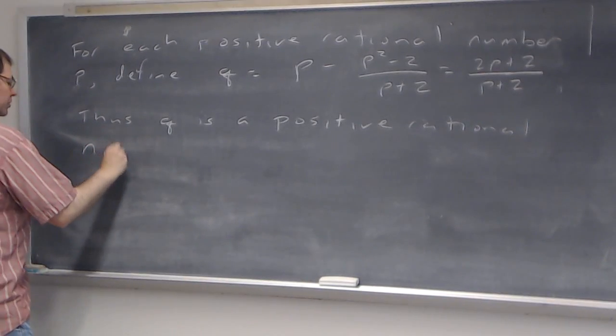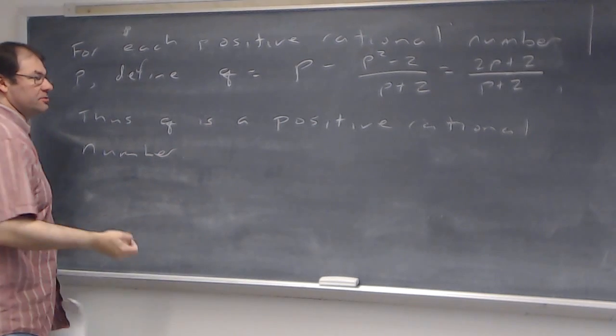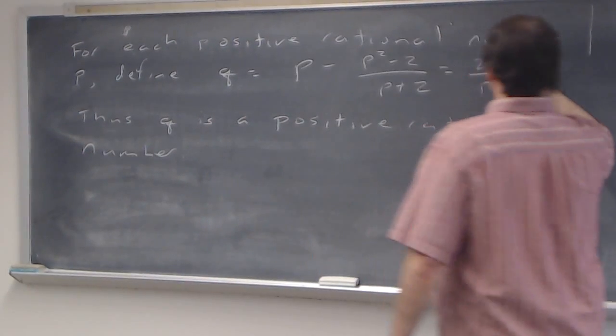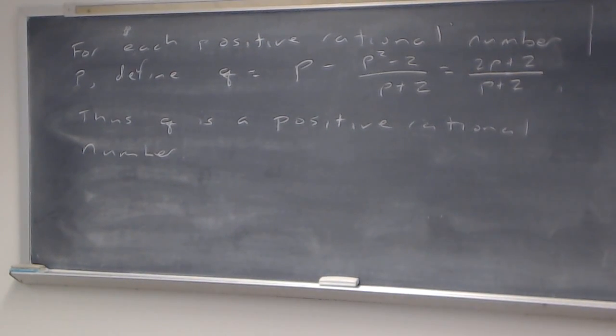So Q is rational, as you would simplify it into an integer over an integer. You get a representation of Q as an integer over an integer, thus Q is rational. And it's positive because P is positive.